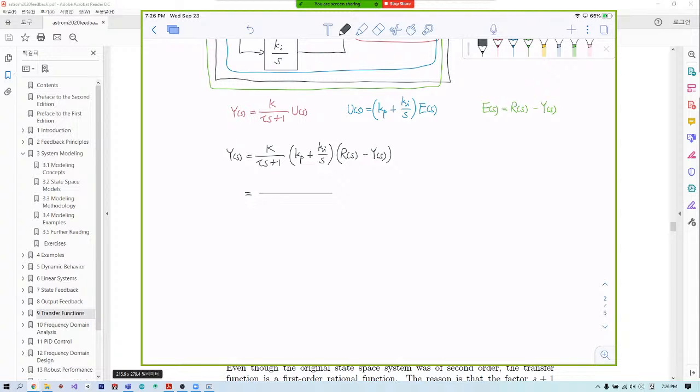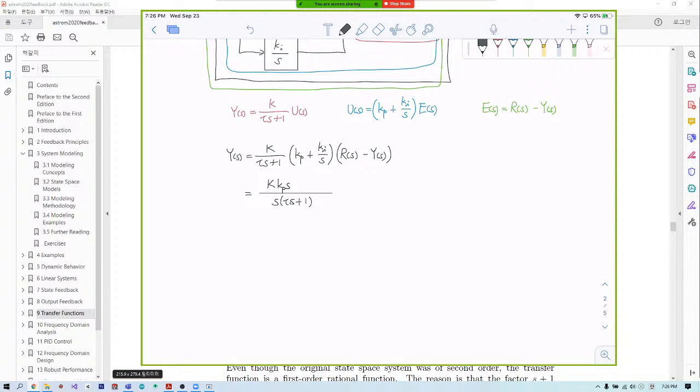Let's just say we're gonna find the common denominator to be s times (tau s plus 1). We have k times kp times s, correct? Because this kp term didn't have s in the denominator.